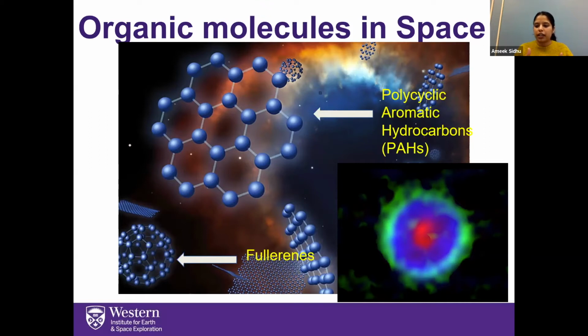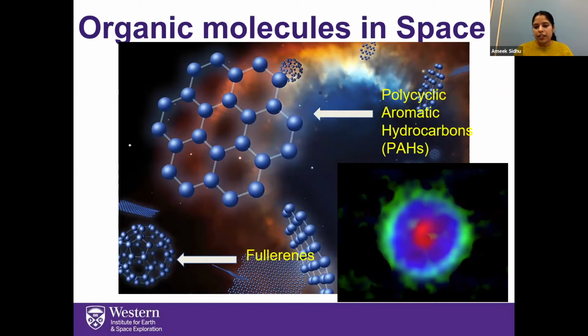If we keep on studying many such clouds, we get an idea of their formation, how those molecules survive, how they evolve, and eventually how they get into space and come to the Earth.